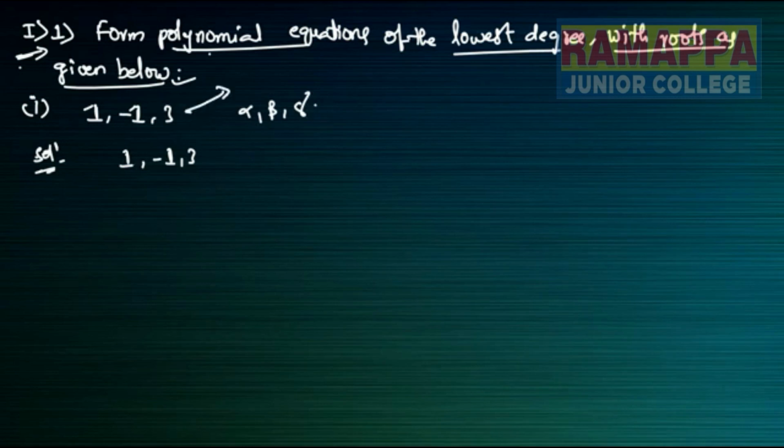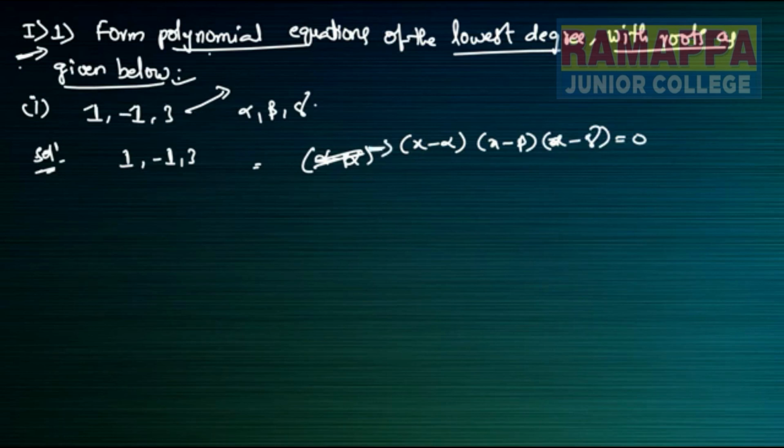Whenever these three are given, we know the equation is x minus alpha into x minus beta into x minus gamma equal to 0.